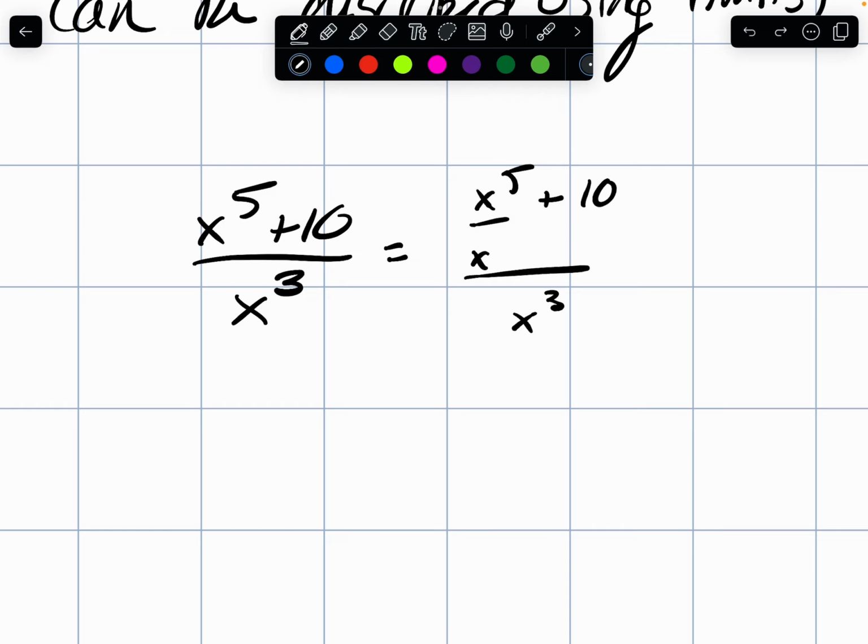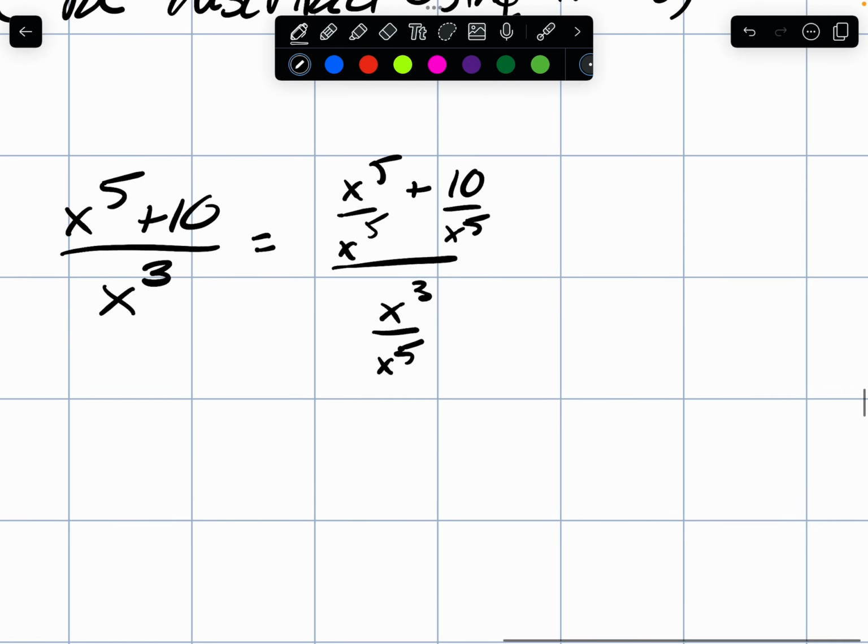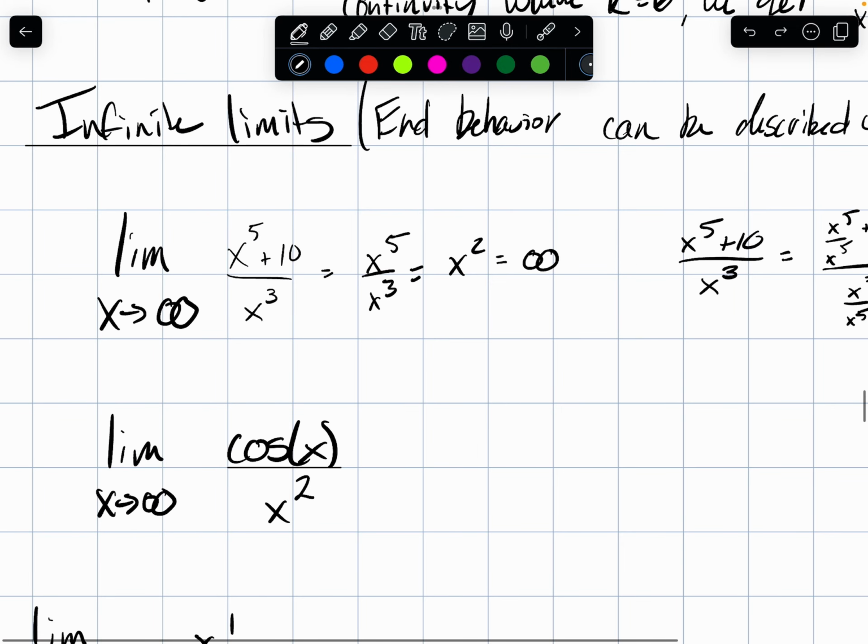Oh, not by x to the 3rd, x to the 5th, and x to the 5th. So let's see a few things that happen. This is going to equal 1. So I'm going to have 1 plus 10 over x to the 5th when I'm talking about plugging in infinity.